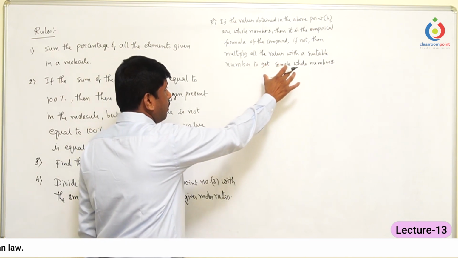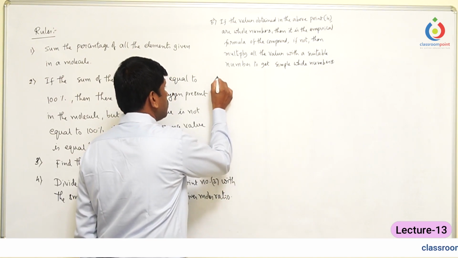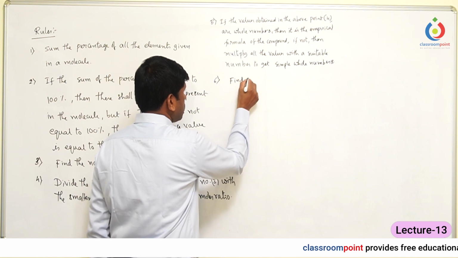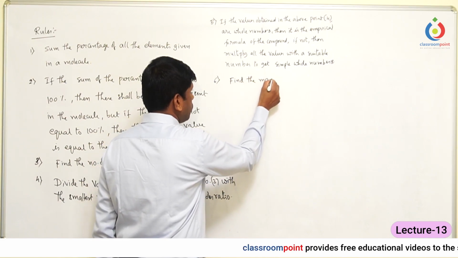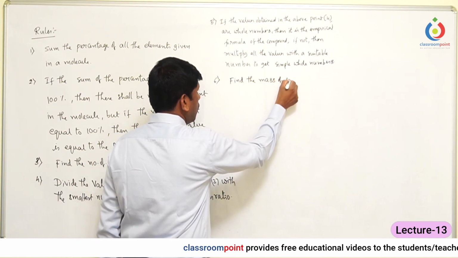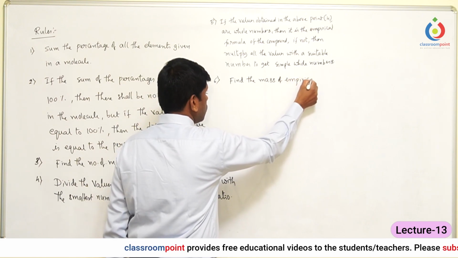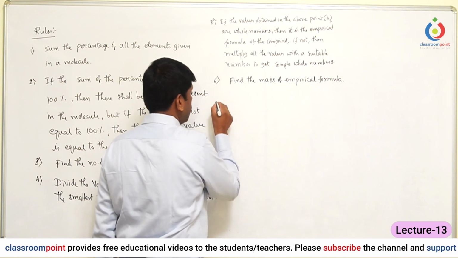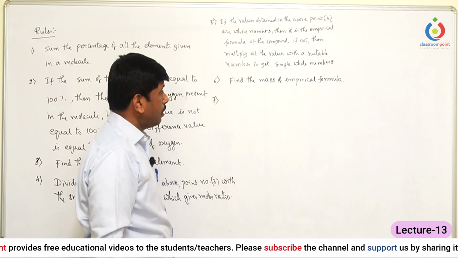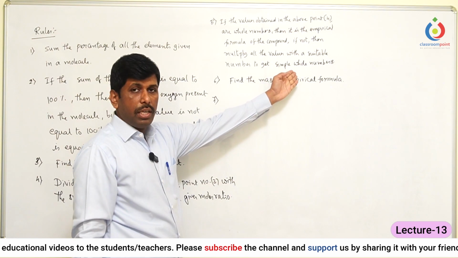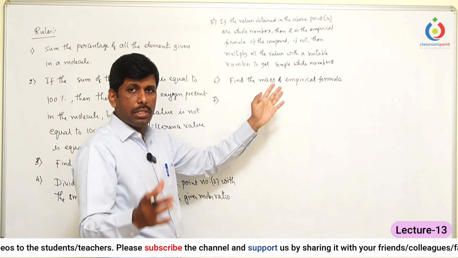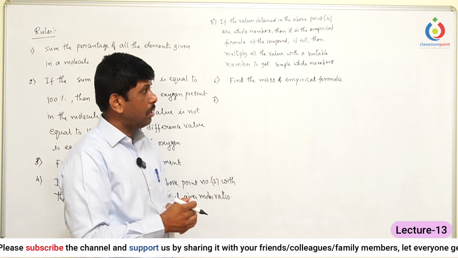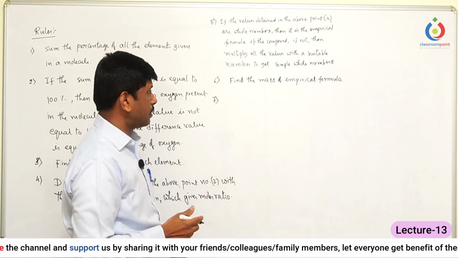So once you get the empirical formula from this, then the 6th point says find the mass of the empirical formula. The empirical formula already gives us the different elements, so add all those values, the masses of the elements involved in that empirical formula, and you will get the empirical formula mass.